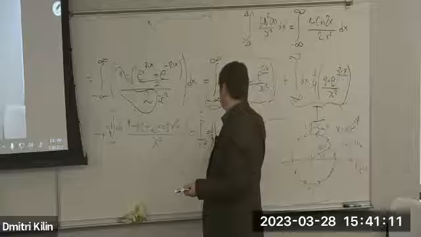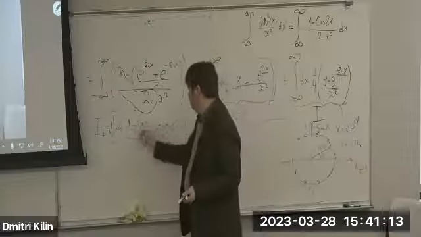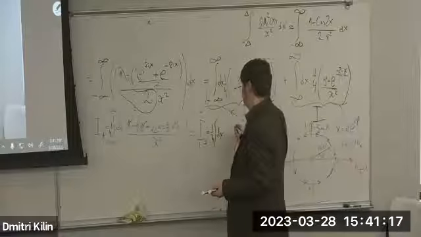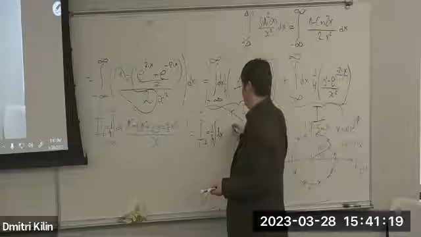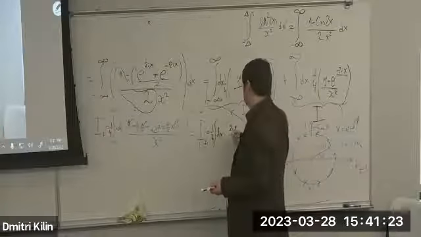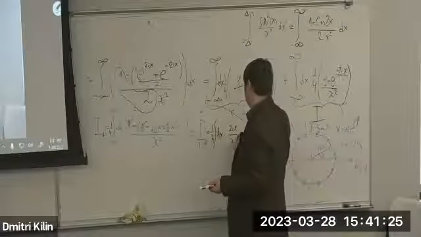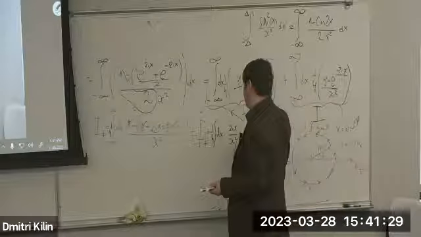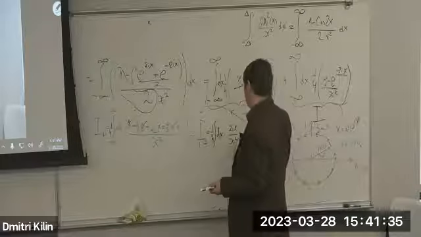For the integral, 1 minus 1 cancels, and then we have 2ix divided by x squared plus higher order terms.